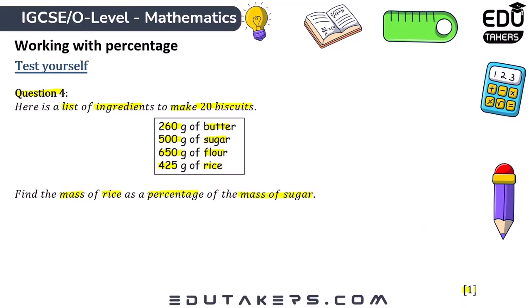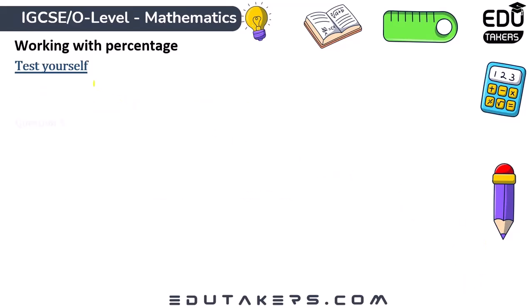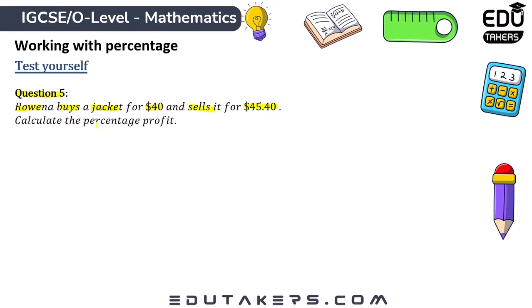It's a 1-mark question. Question number 5. Rowena buys a jacket for $40 and sells it for $45.40. Calculate the percentage profit. It's a 3-mark question.